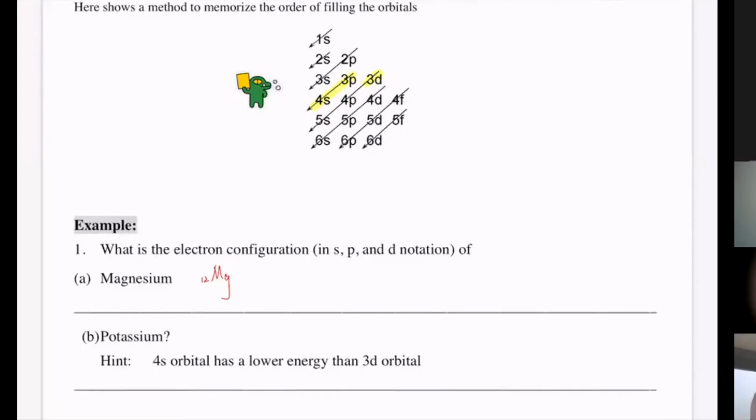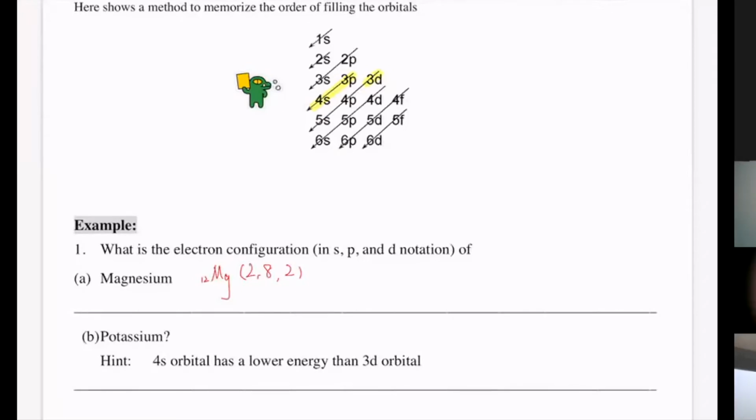Anyone? 3. Okay, 3. So in total we have 12. The first electron shell holds 2 electrons, and then the second holds 8 electrons, and then we're left with 2 more. Okay, so that's the electron arrangement we have learned before.